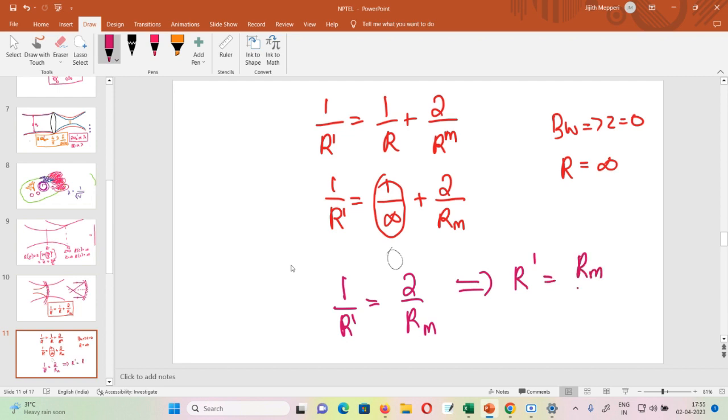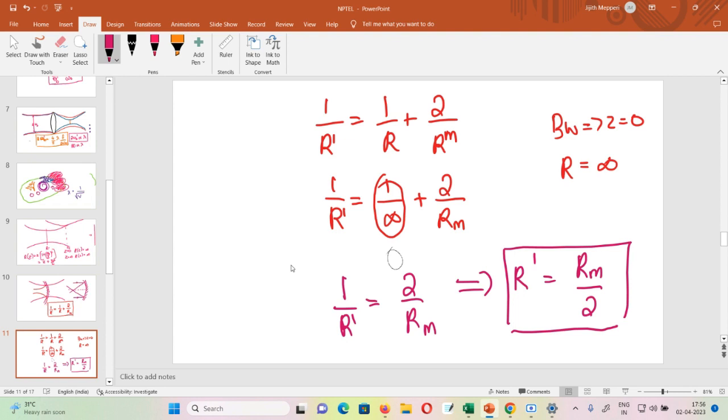Okay, so what they are saying is that after the reflection, the radius of curvature of the beam will be Rm by 2, where Rm is the radius of curvature of the mirror. So the radius of the reflected beam will be half of the radius of curvature of the mirror.